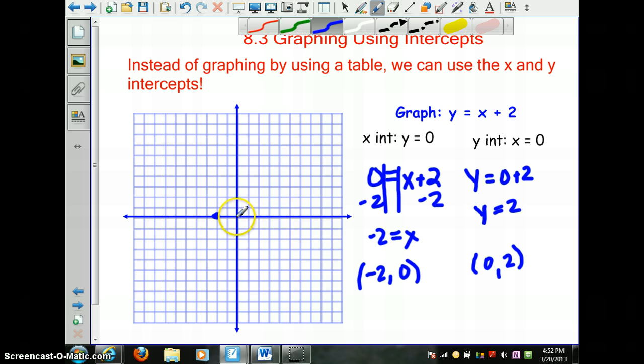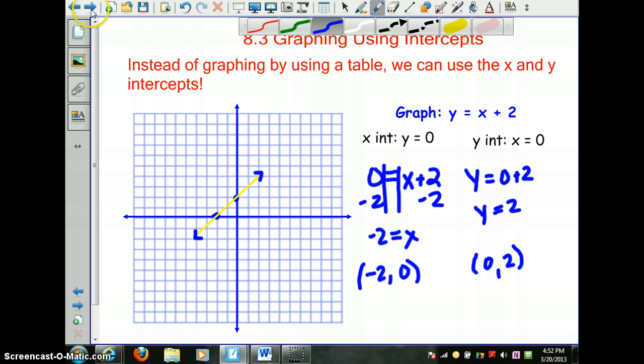And then 0, comma 2, 1, 2. And then we graph the line here. And we should probably put our little arrows on here to show that this goes on forever. So that's another way to graph using the intercepts.